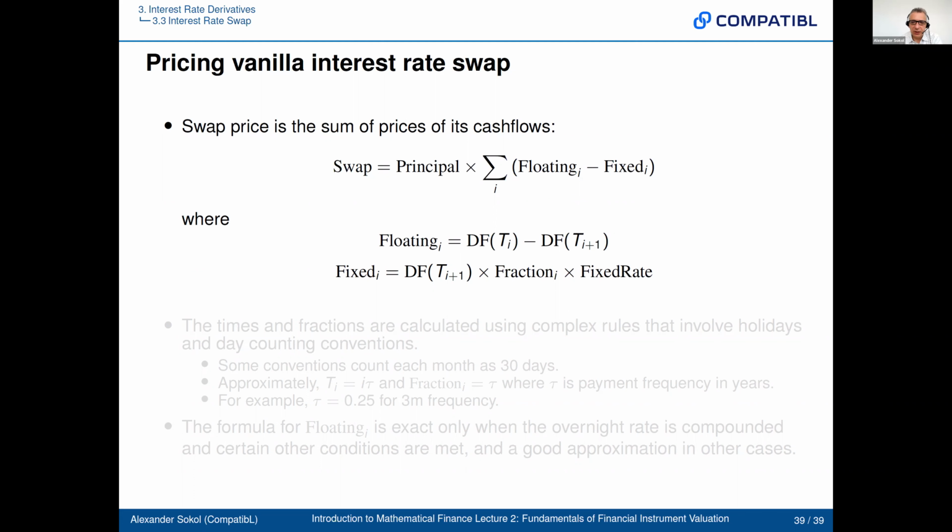And by static replication, it's equivalent to a zero bond price expiring at 10 years minus a zero bond price expiring at 10 years minus 3 months. And we already know that the price of a zero bond is the discount factor times the principal. So the floating leg is the discount factor of TI minus the discount factor of TI plus 1, times the principal.